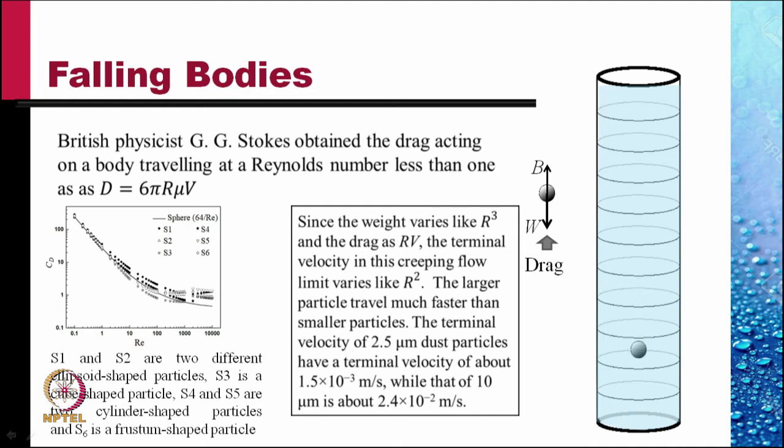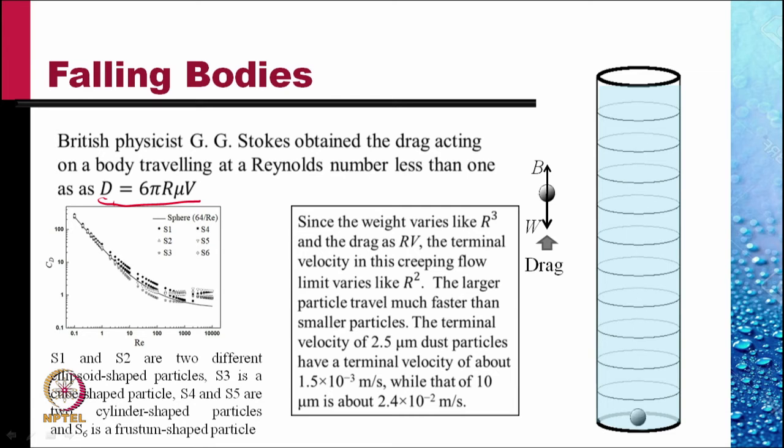Since the weight of the particle varies like r cube and the drag on it varies like radius times the velocity, from the equation the drag is like 6 pi r mu v.